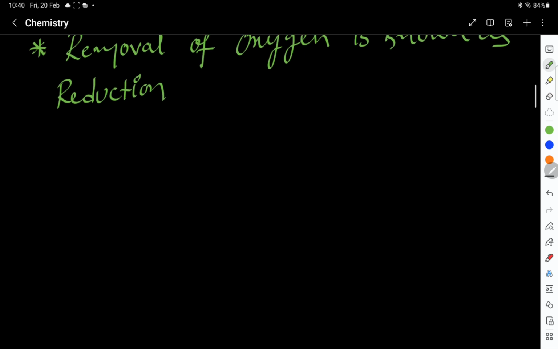What does it mean exactly? See this. If you take zinc oxide and slightly warm it, it converts to Zn plus O2. Here I am removing oxygen gas from this. Therefore, I can consider this a reduction process.